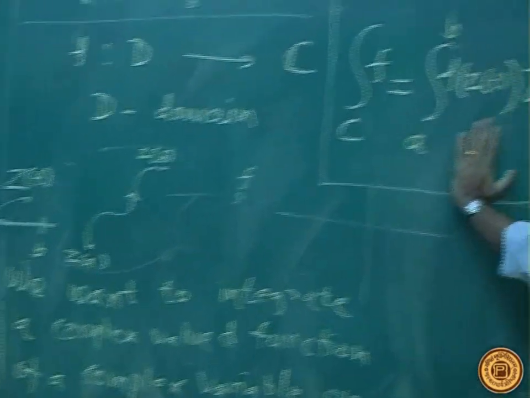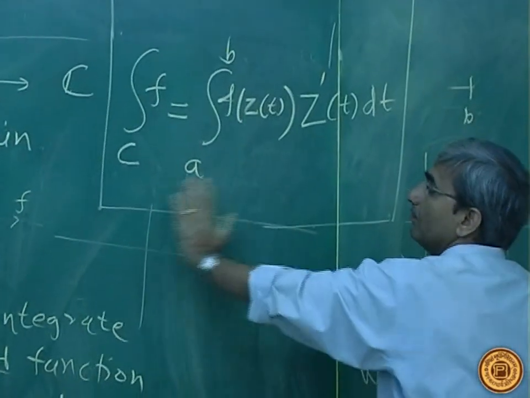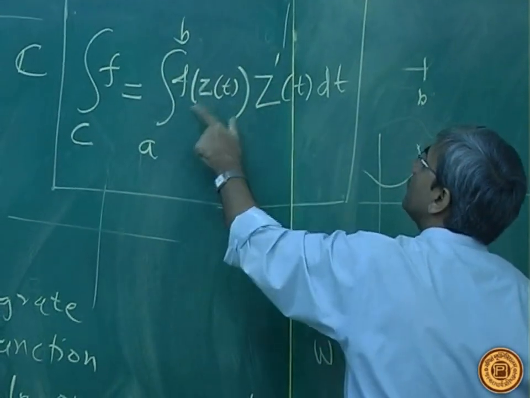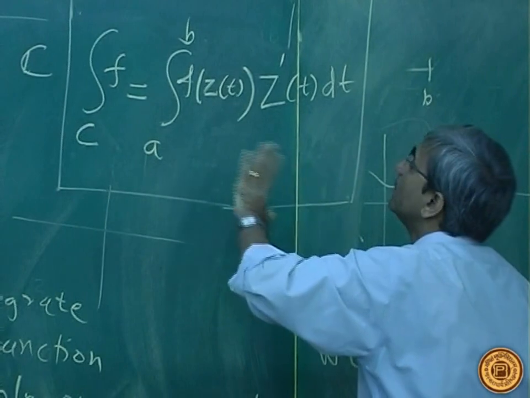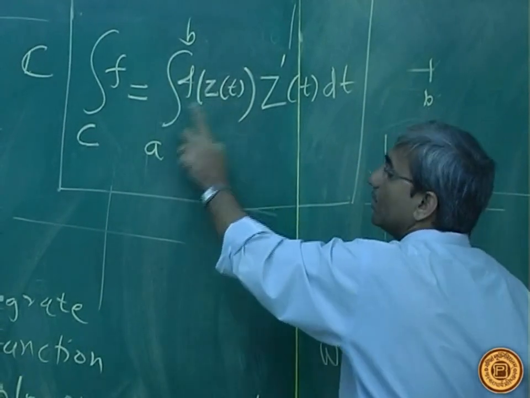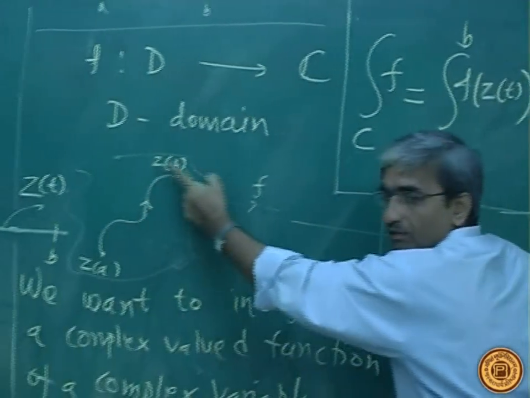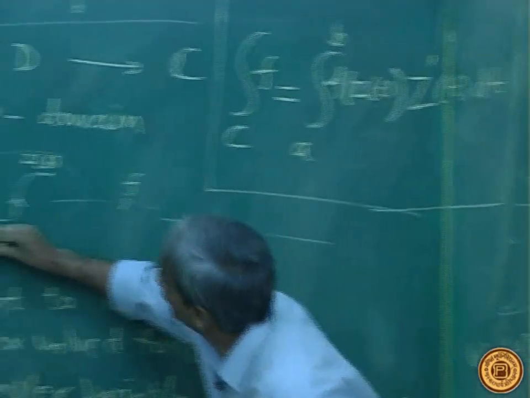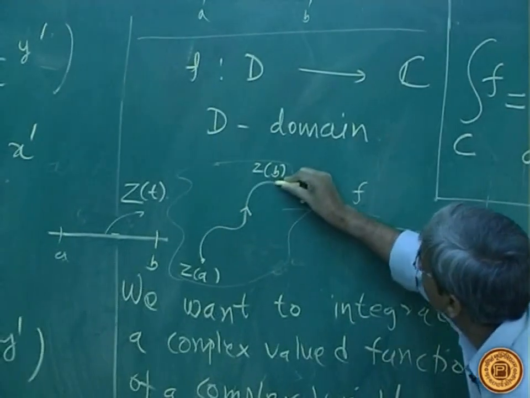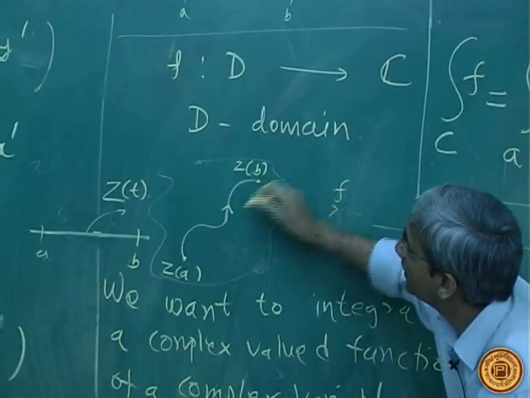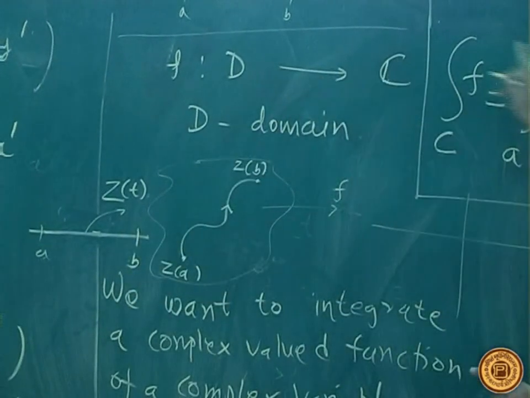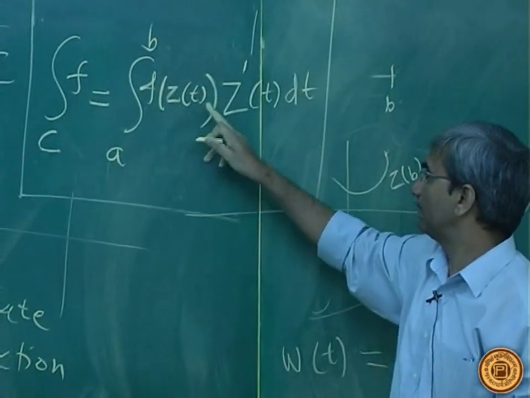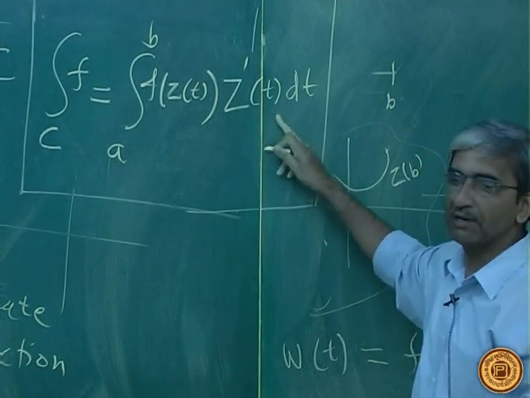See here, the integral over [a, b], which is the parameter interval, of f(z(t)) into z'(t) dt. So f takes values on the curve because z(t) are points on the curve, and f(z(t)) means f is taking only points on the curve. So actually what is varying is only t. So we are using integral dt, that is over a to b, but we multiply f of z(t) by z'(t) dt.